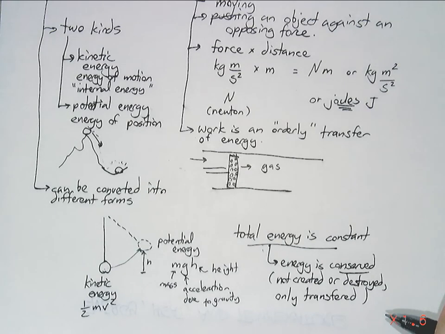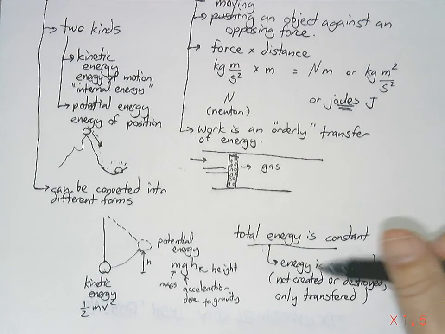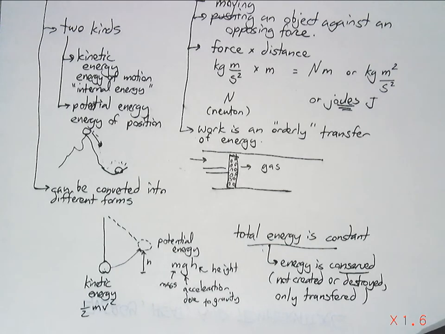So if you wind a watch, you're putting some of your energy into potential energy in the spring, which then can be converted into kinetic energy, which would be the motion of the hands on the watch, if you had an old style watch that you could wind up. The statement that energy is conserved is another way of saying the first law of thermodynamics, which is what we'll talk about in the next video.